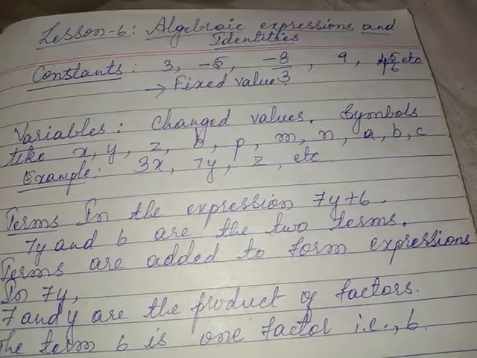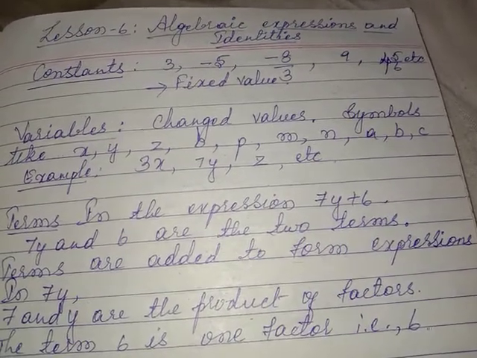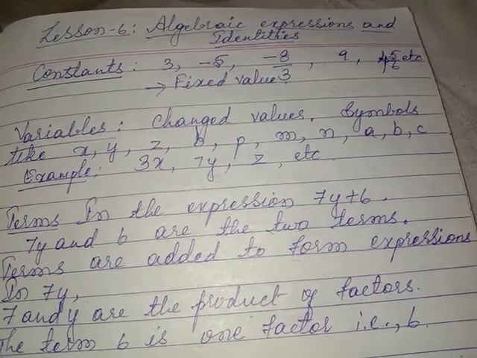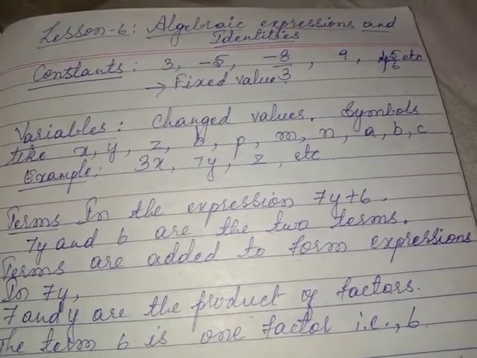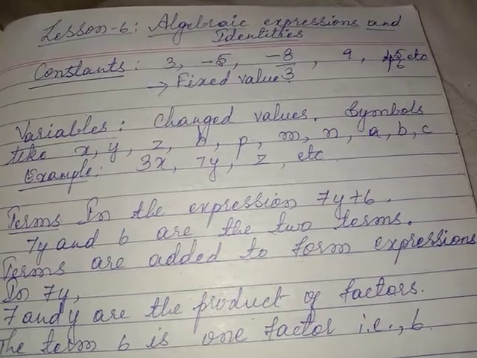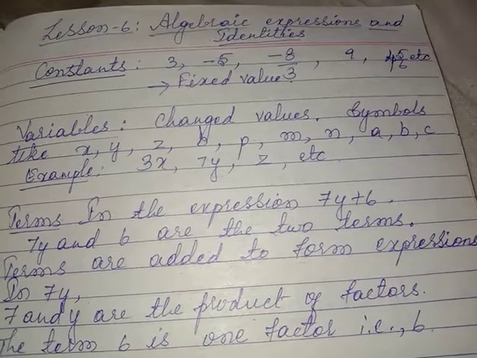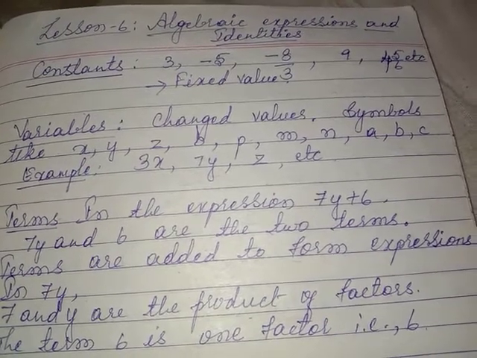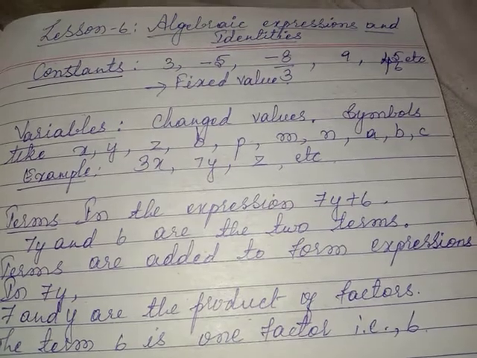Sometimes the combination of constant and variable is also a variable. In 3x, 3 is a constant and x is a variable, and the product of these two is 3x. So 3x is a variable, 7y is a variable, z is a variable.